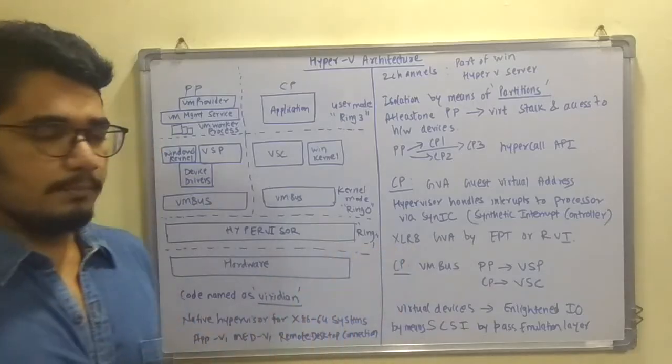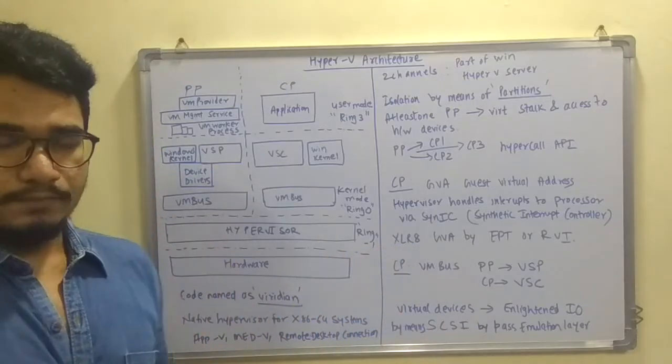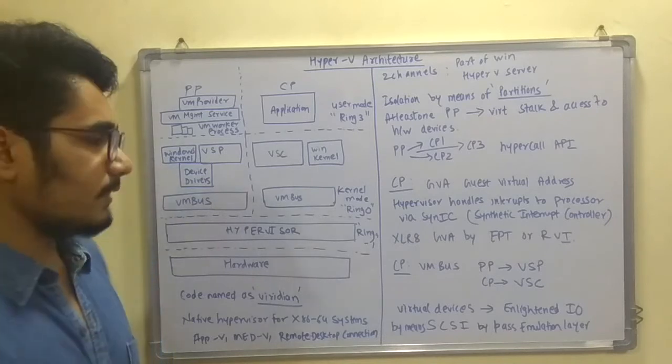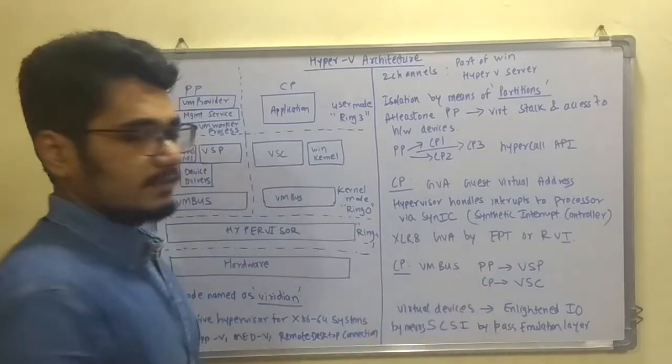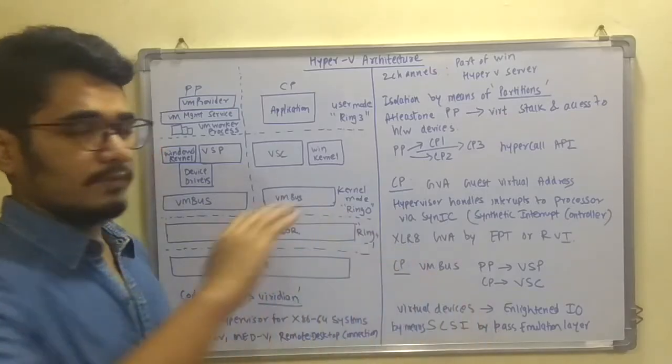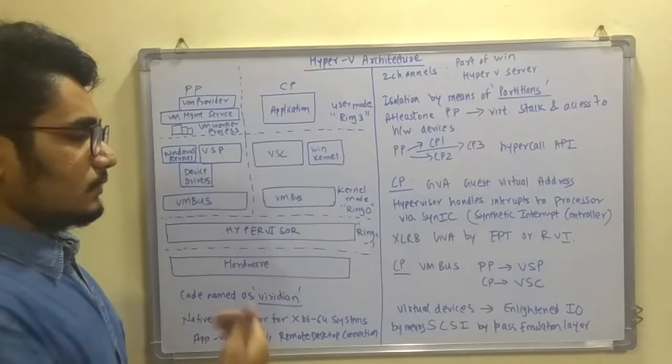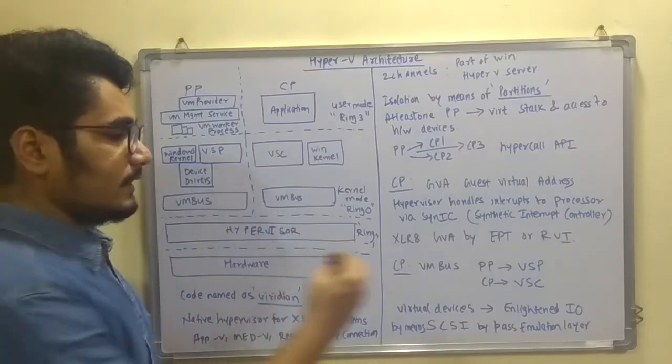By means of the virtual machine bus, the parent partition will initiate a VSP, the virtualization service provider, and the CP will initiate a virtualization service client. By means of these two it will interact.